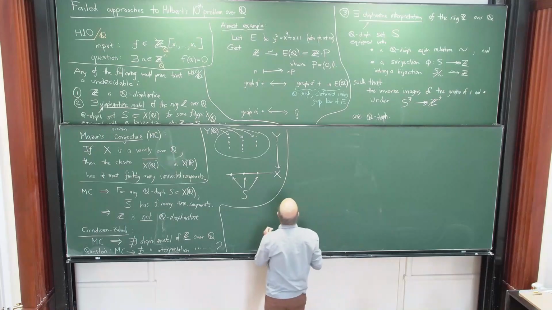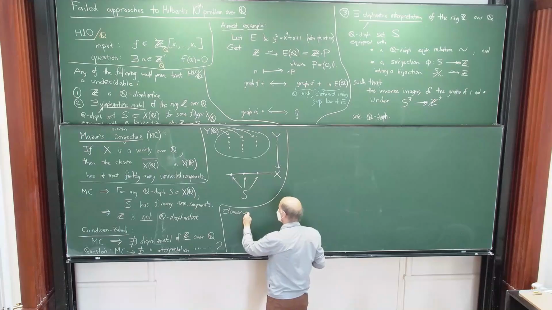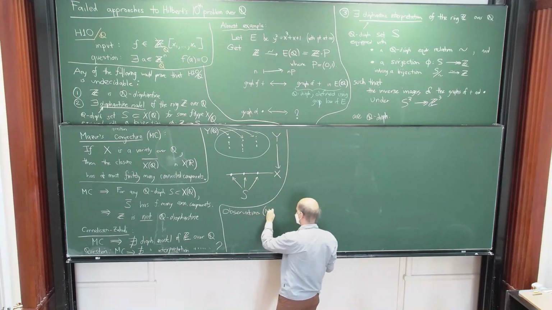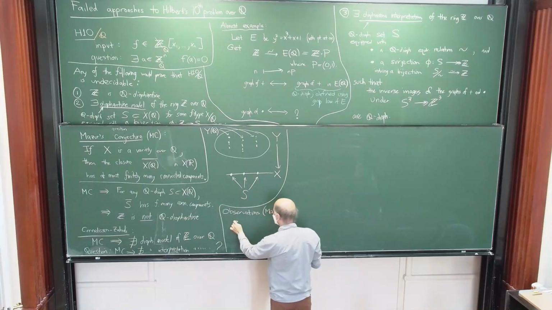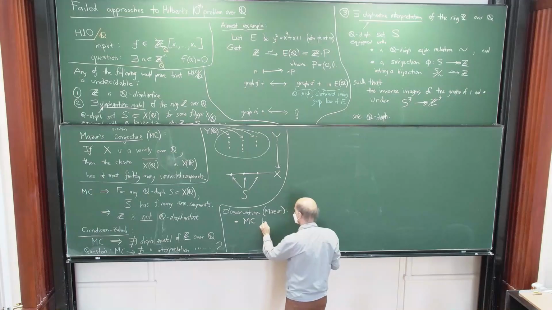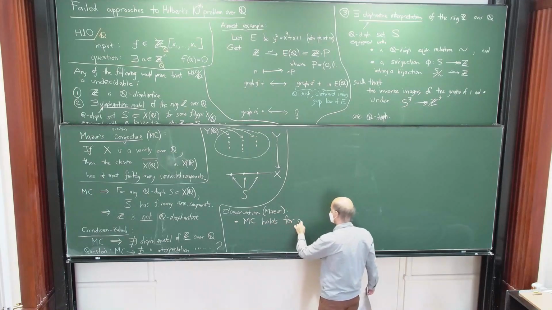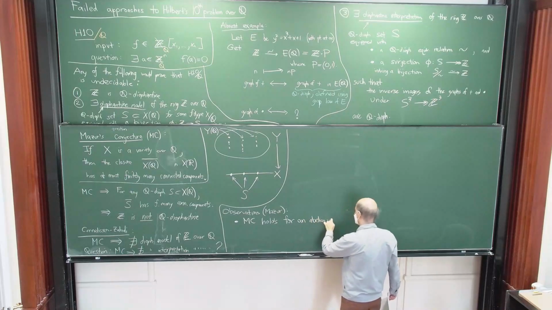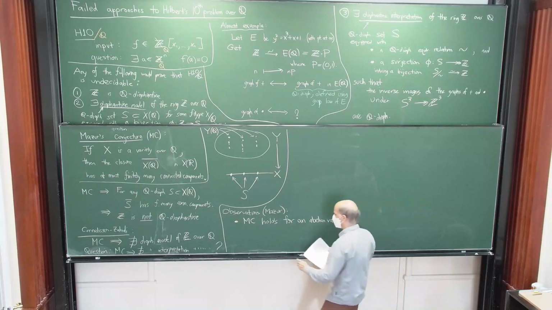And so here are a couple of observations about this conjecture, and Mazur already made these in his original paper on this. So first of all, the Mazur conjecture holds for any abelian variety. And so how do you see this?